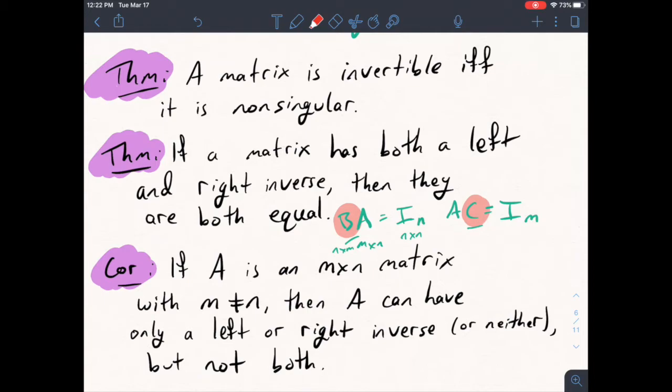So if A is not a square matrix, then your left and right inverses cannot be equal to each other. You just can't have both of them. Let's get rid of that and move on.